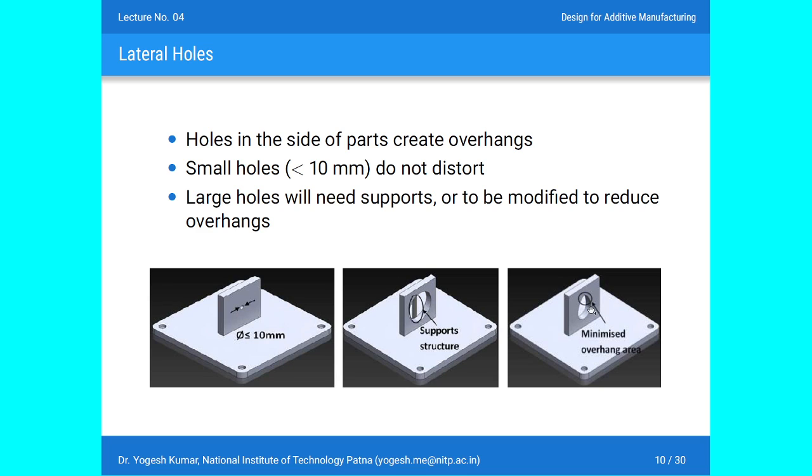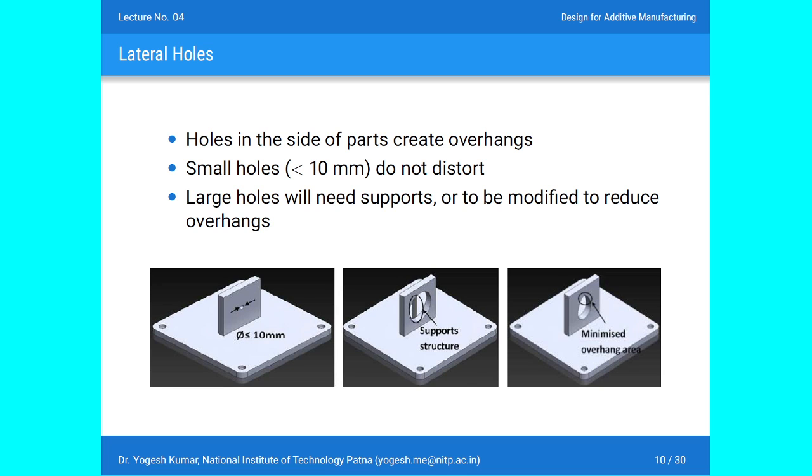In this case, we have reduced your overhanging angle in this particular area, and later on, by any secondary process, we can create the round hole by drilling or by any other machining process.